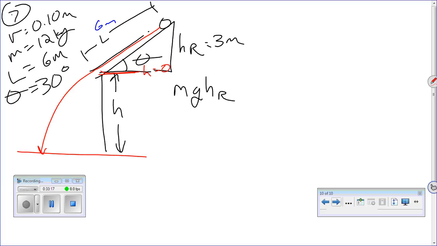It's weird, but it works. So at the top we've got gravitational potential energy. When we get to the bottom of the roof, all of our energy is kT and kr. So 1/2 mv squared for translational plus, what kind of ball is it? Solid cylinder. So I for a solid cylinder is 2/5, right?